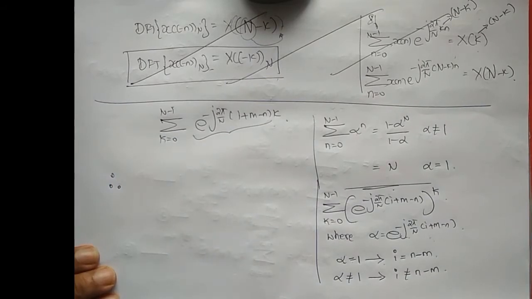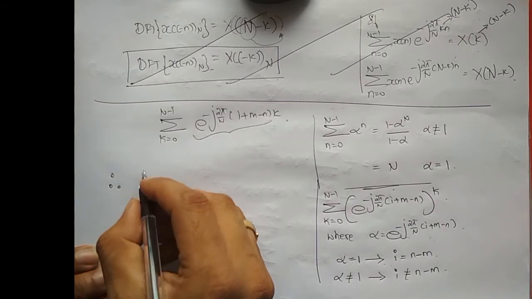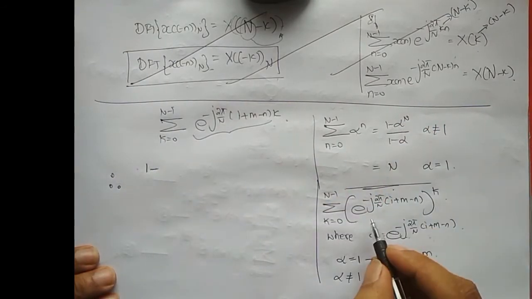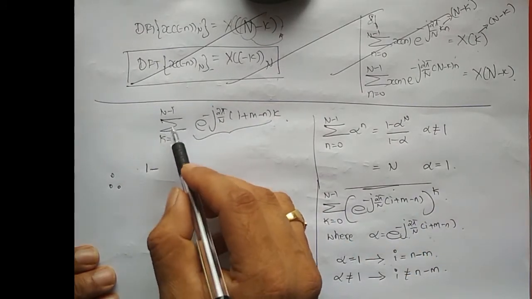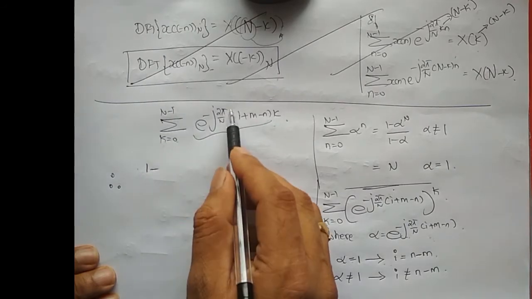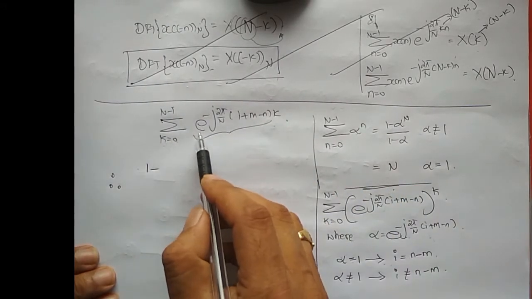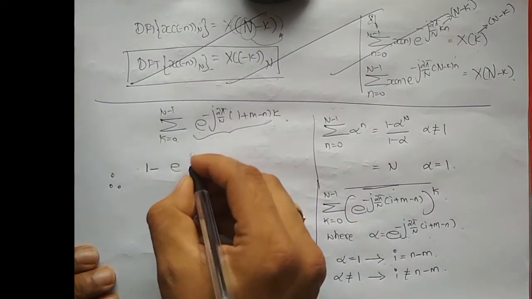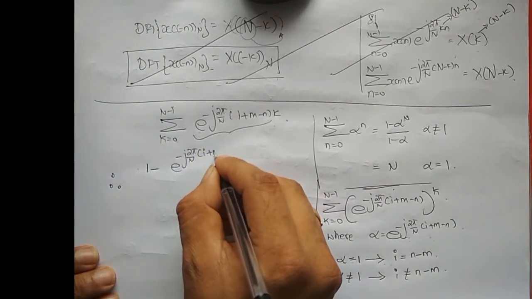So if I plug this statement into the standard definition, what do I get? The right hand side of this equation is 1 minus alpha power capital N divided by 1 minus alpha, where alpha is e power minus j 2 pi by N into (I plus m minus n).